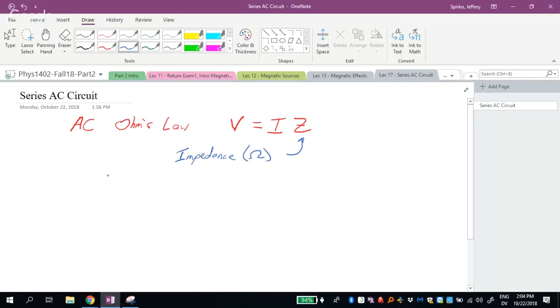It is like resistance, but for AC. We use a different symbol and a different name for it to remind us that it's not exactly like resistance.